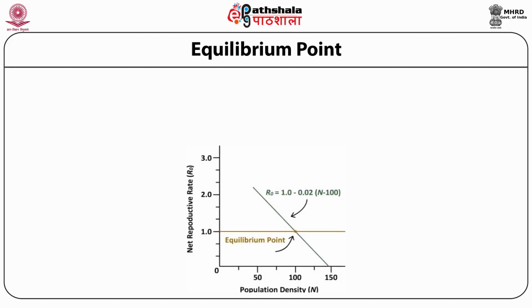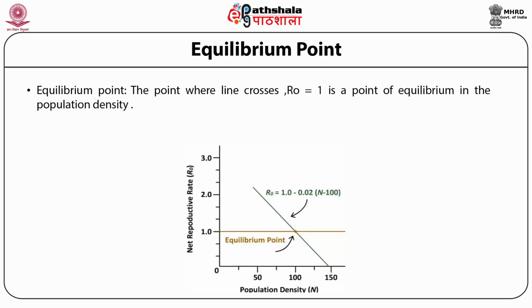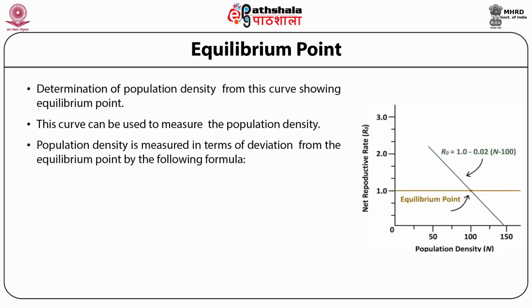As is clear from this diagram, the point where the line crosses R0 equal to 1 is a point of equilibrium in the population density. At this point, the birth rate equals the death rate and it is denoted as Neq. The population density can be determined by using this curve showing the equilibrium point.